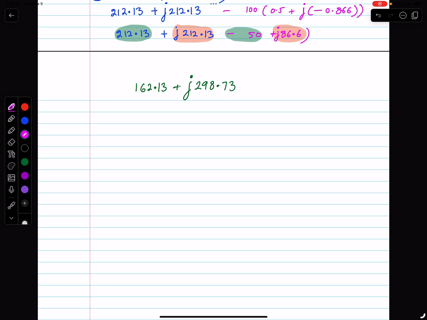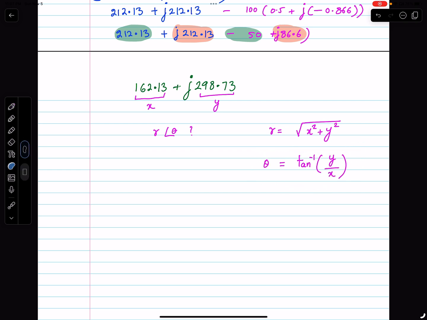Now think about this. The x value is given here and the y value is given here. How do you find the r? Because you're interested in the phasor form r theta. That is what you're interested in. The r value, if you remember, is square root of x squared plus y squared. Similarly, the theta is tangent inverse of the imaginary part over the real part.